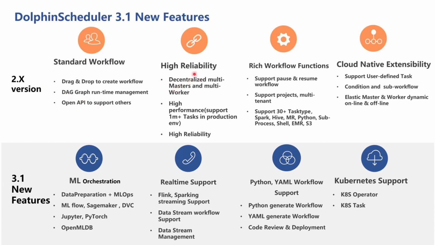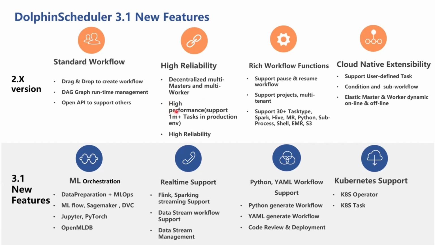So there's better integration with other systems in your company. The next is high reliability. We are decentralized, with multi-masters and multi-workers, because DolphinScheduler is controlled by ZooKeeper, which does the self-registration of multiple masters and workers. That is the reason we have high performance.